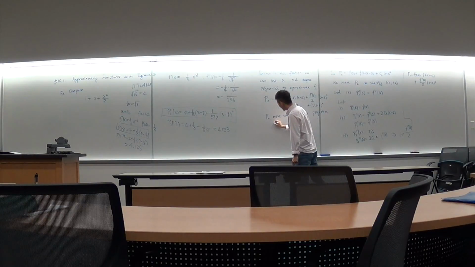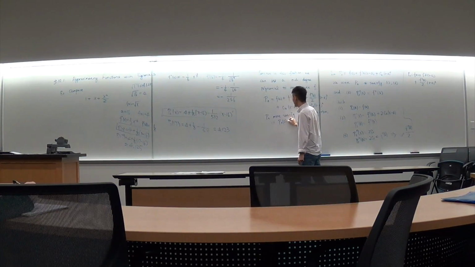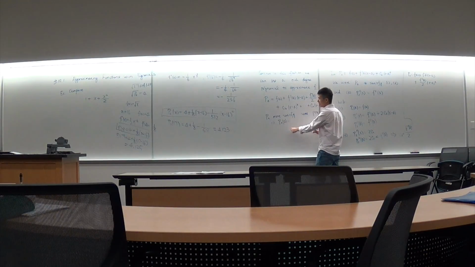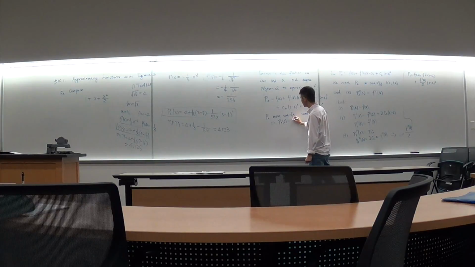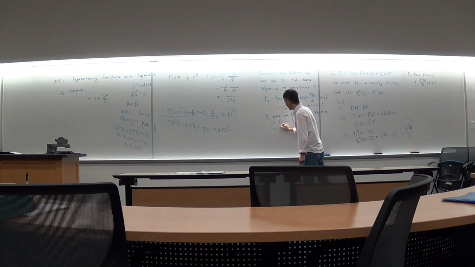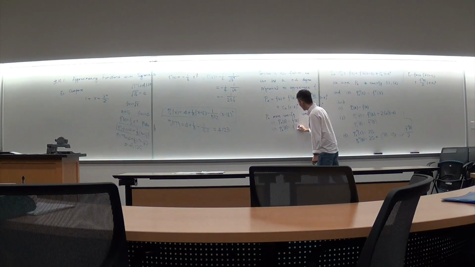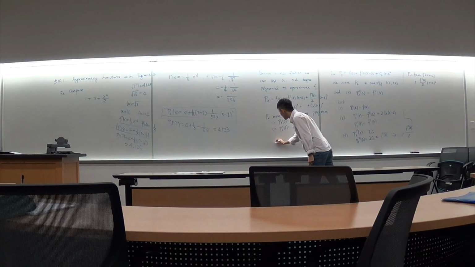So like before, P sub n of a, if we evaluate this polynomial at this center, at this point a, that should be equal to f of a. And the second one is the first derivative of this P sub n at this point a has to be equal to f prime of a, and so on and so forth.